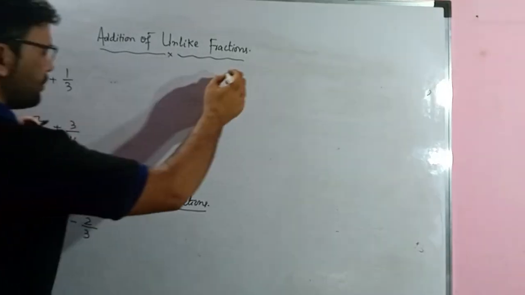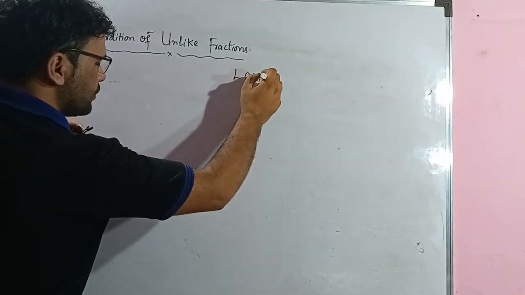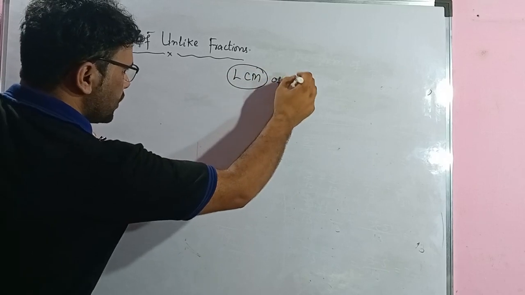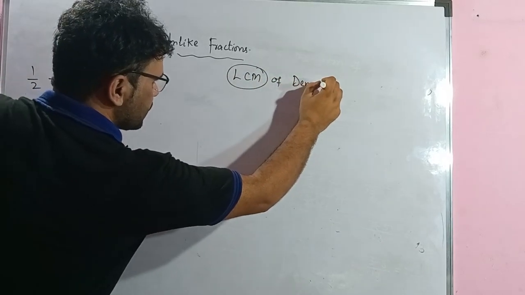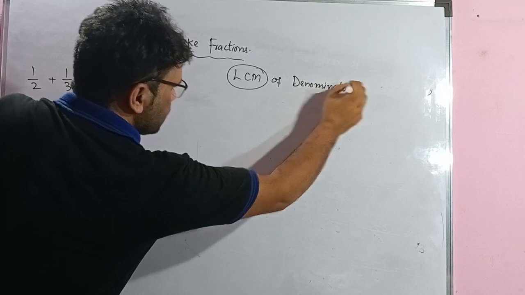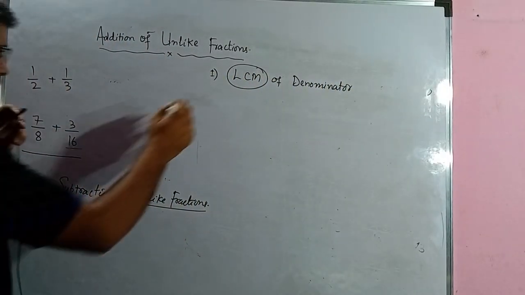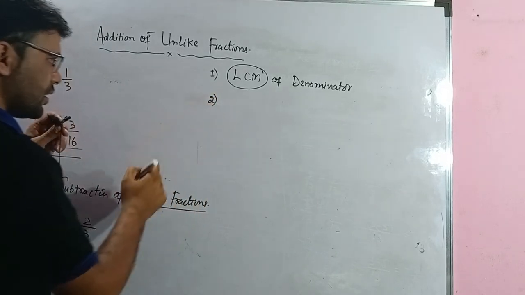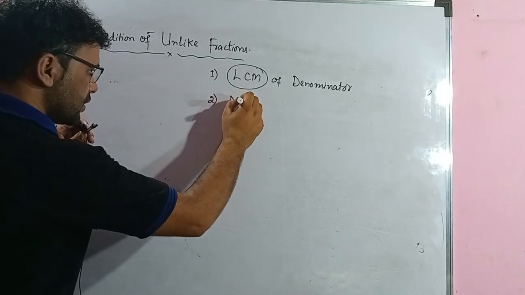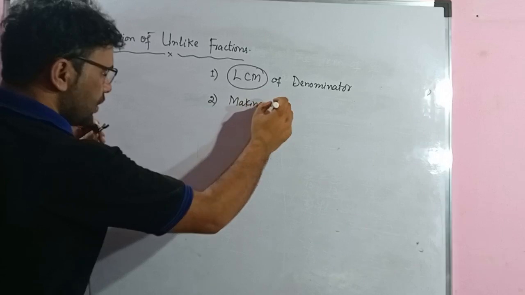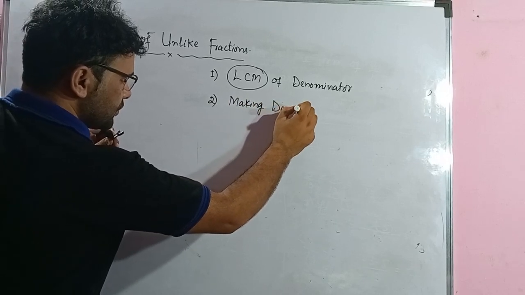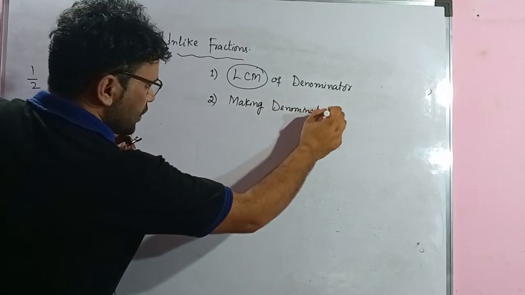There is a proper method. We are doing the LCM. The first point is we are taking the LCM of denominators. The second point is we are making the denominators same.